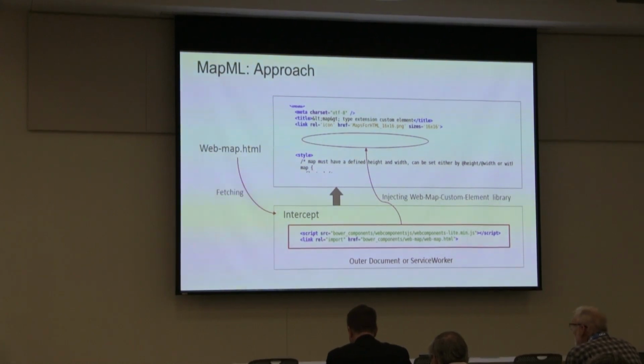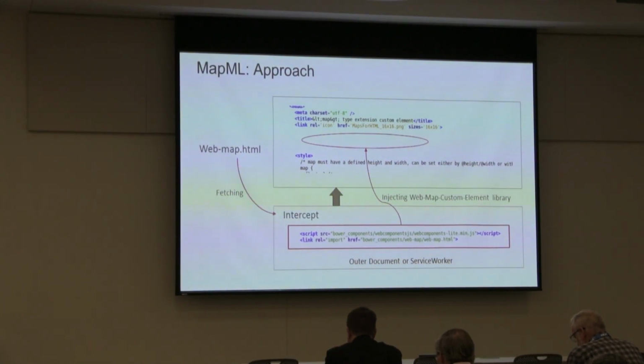And the second implementation was a cloud-based MapML service proxy, cascading existing AWS content services that was able to bring data from WMSs, WFSs, and WMTSs, as well as other MapML documents.